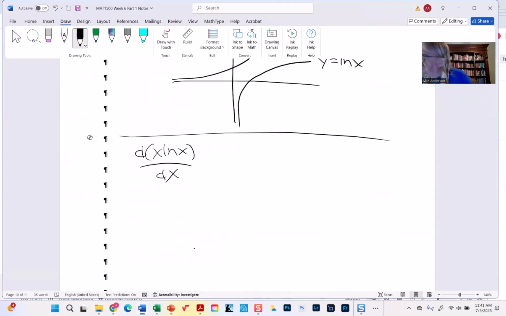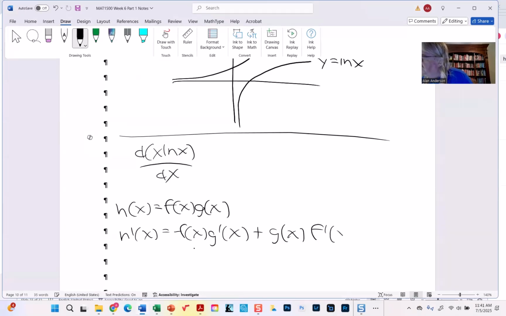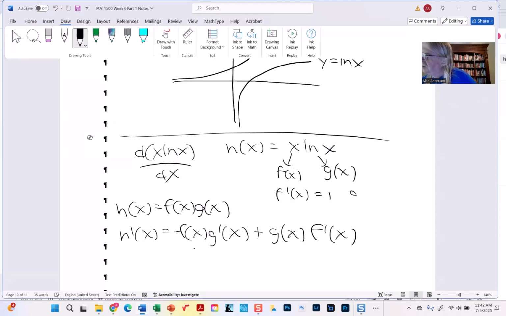If you have something like this, okay, so that means if you have x log x, f prime of x would be 1. g prime of x would be 1 over x.